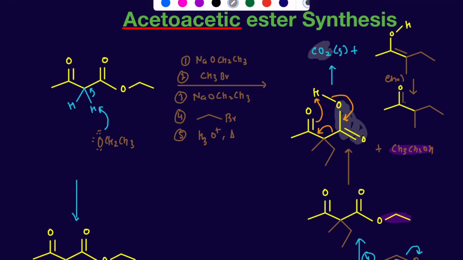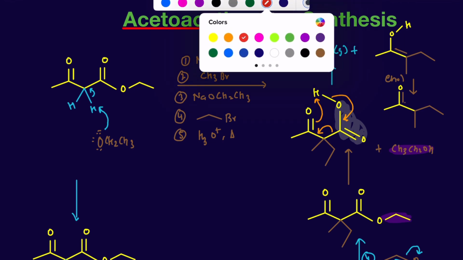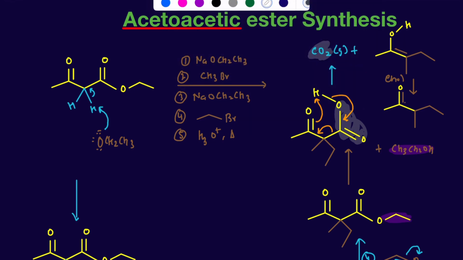If I go back to the starting material and ask what changes I'm really making here, I can say this guy right there is still there. Let's use another color here. This right there, which was the ester hydrolysis, is the ethanol that we lost.